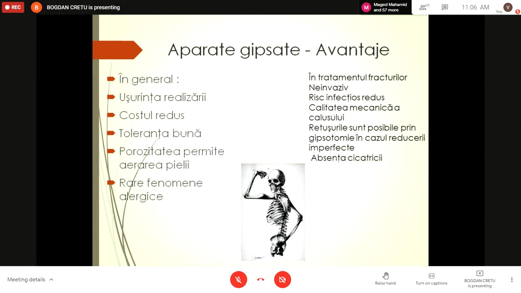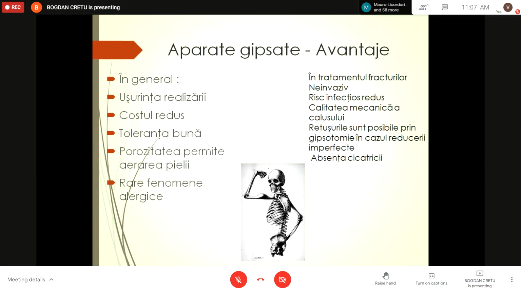Advantages: they are easy to apply, they have a low price, they have a good tolerance by the patient. The porosity of the gypsum gives the skin the opportunity to breathe through it, and the allergic phenomena are rare.